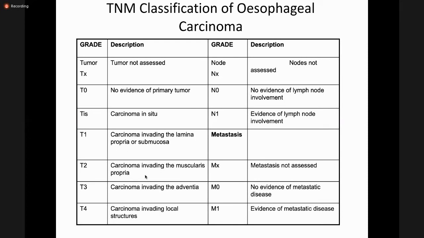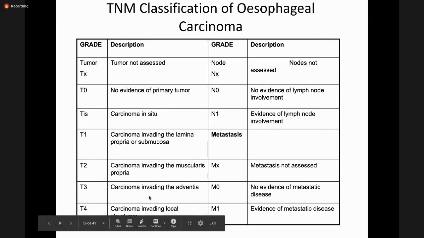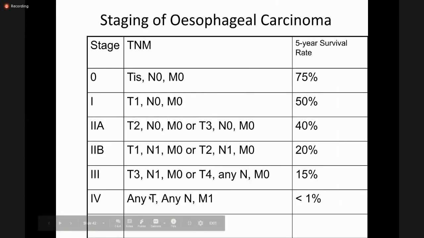But when it involves the muscularis propria, we call it T2, and T3 when the carcinoma involves the serosa or adventitia, the outer layer. And T4 means when it has locally spread to other tissues like the trachea or other neighboring structures.